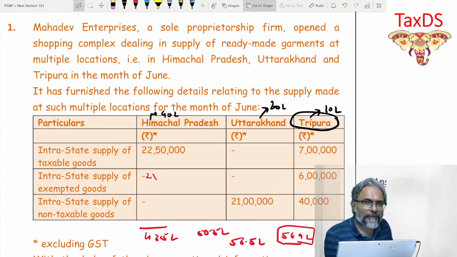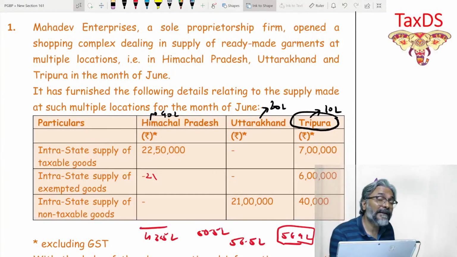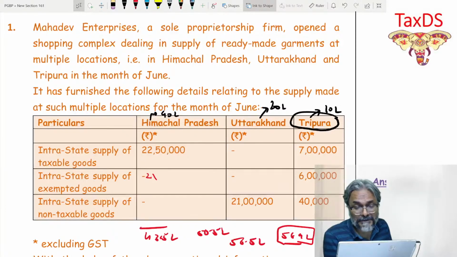Himachal Pradesh is in the third category where the higher limit of 40 lakhs is available. Uttarakhand has 20 lakhs. Tripura has 10 lakhs. Isn't it? Now, if you have any special category state with a lower limit, which in my example is Tripura, then the limit for registration for the entire entity, since it is PAN based registration, will have to go with that lower limit only. They will not be eligible for the higher limit, and that exactly is the point.